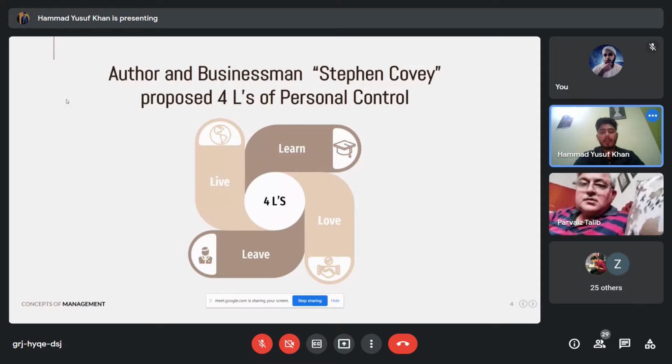Moving to the next slide, Stephen Covey, an author and a businessman, advised that we should aim for the four L's when it comes to self control. The first is live. How can we spend our lives? The second is learn.